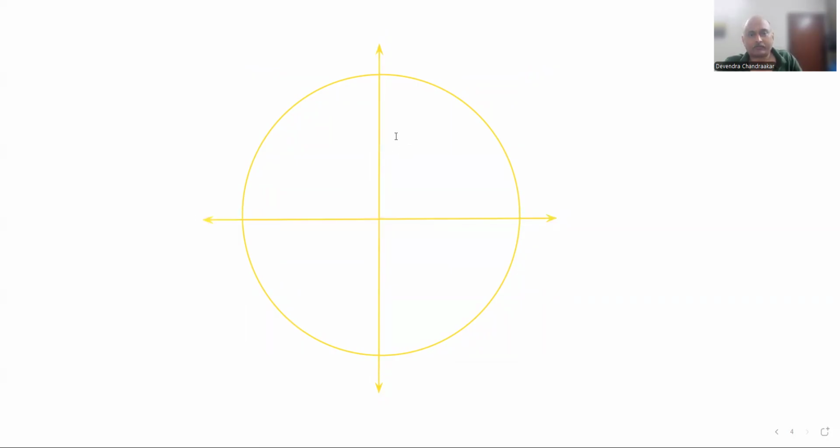So we have the rules for the first quadrant. Trigonometric values: by trigonometric values, I mean sine, cos, and tan.